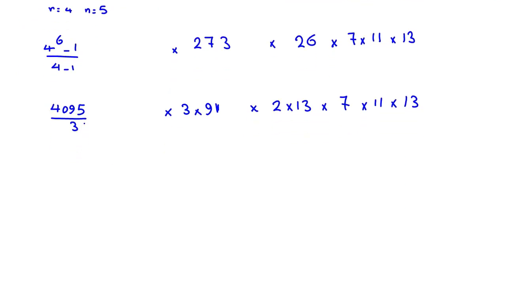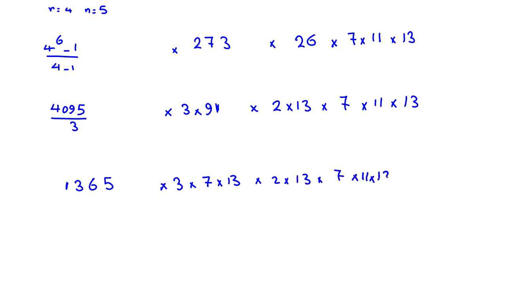Now, if we divide 4095 by 3, it will be 1365. We can write 91 as 7 times 13.